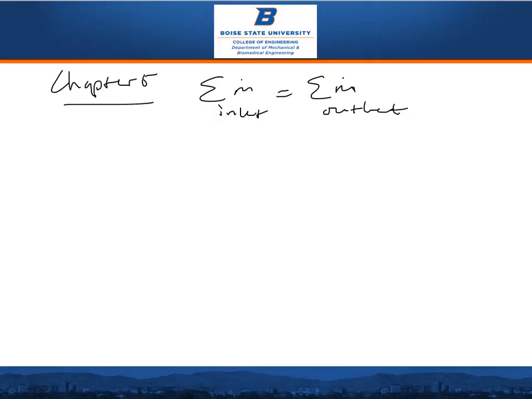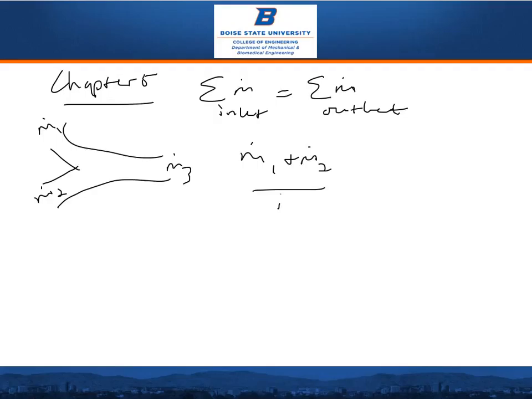So if we had, for example, a situation like this, with m dot 1, m dot 2, and m dot 3, then m dot 1 plus m dot 2, our inlets, is going to equal m dot 3, which is our outlet.